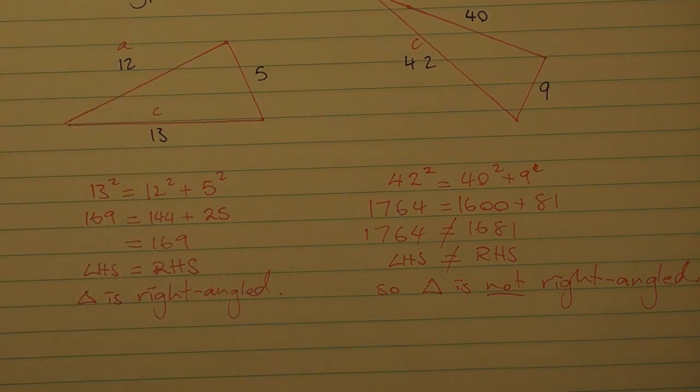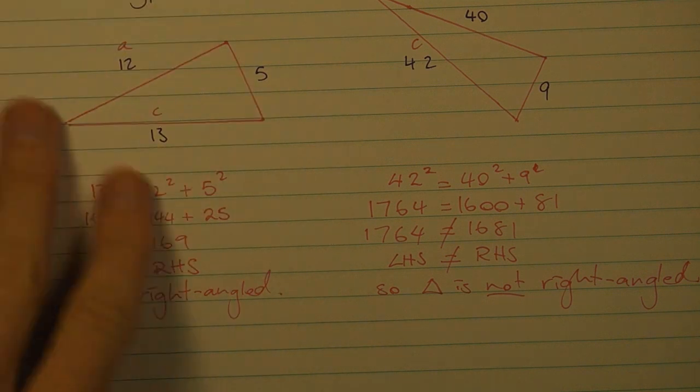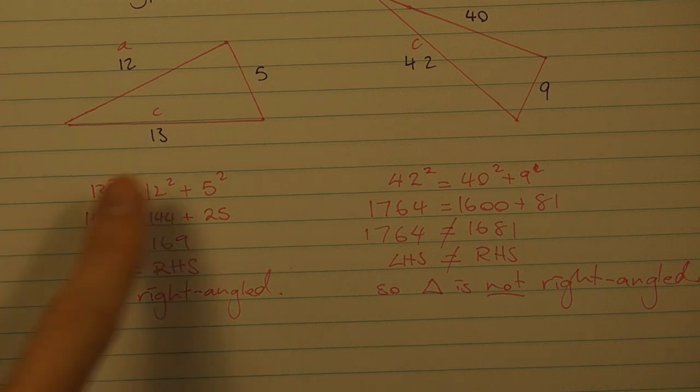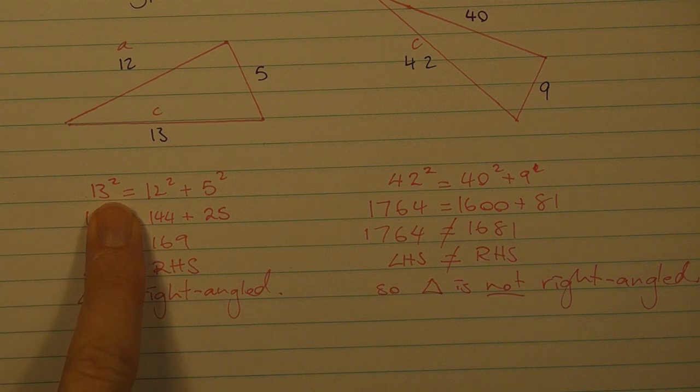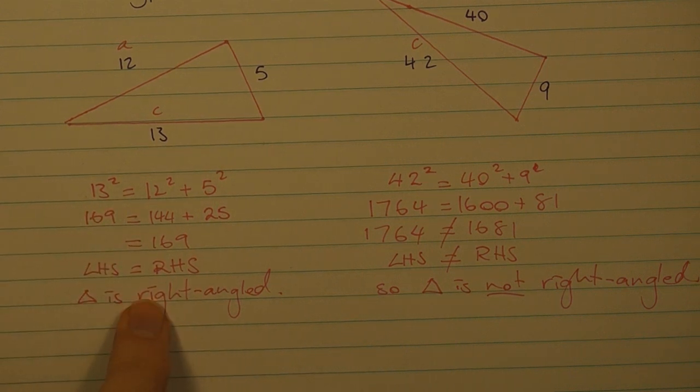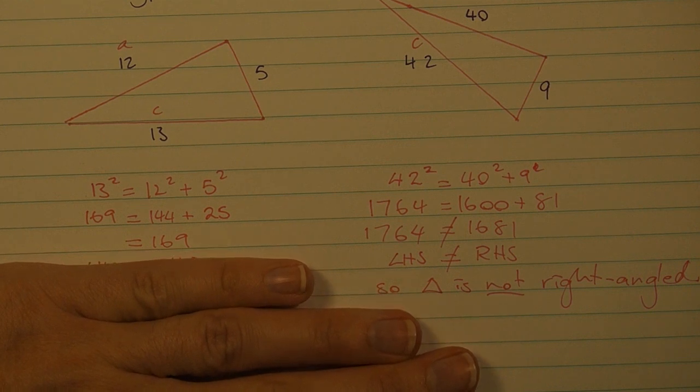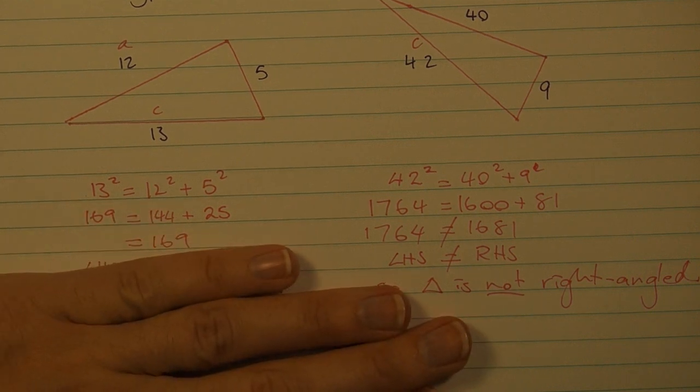Any question that you get for this type of thing will ask you to determine whether or not a triangle is right angled. It's usually going to be worth more than 1 mark, so you have to make sure you're showing all your working out and then actually making your decision at the end. It's not good enough to leave it at 169 equals 169.